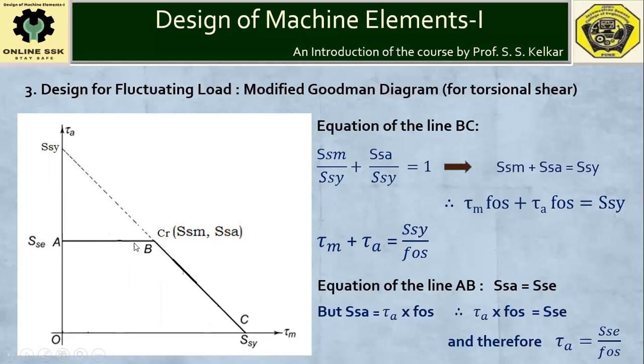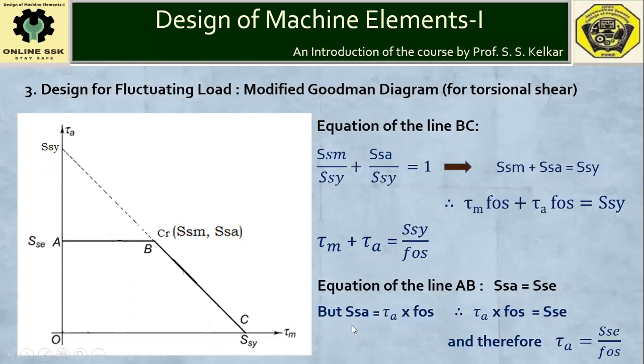Here, instead of x and y, we have to refer SSM and SSA. Therefore, equation of line AB will be SSA, the y coordinate, is equal to SSE. It is the line parallel to the x-axis. SSA is equal to SSE is the equation of line AB.